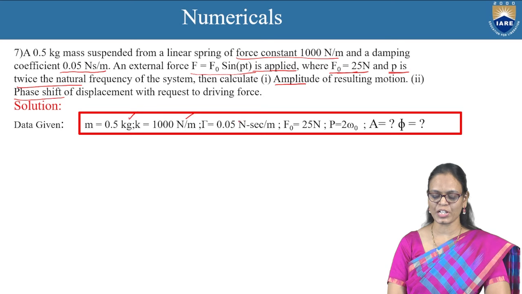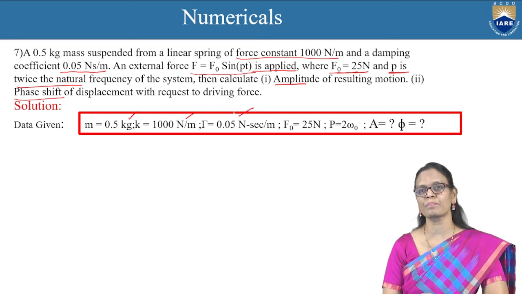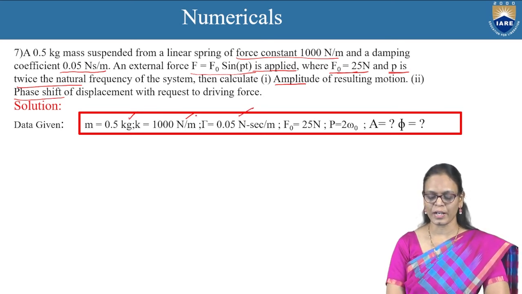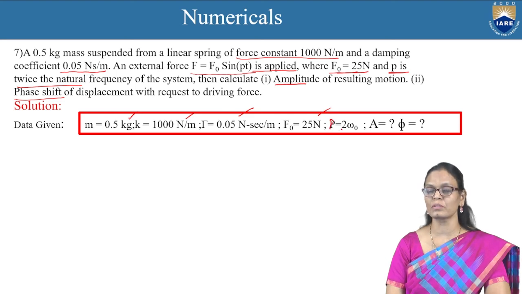The damping coefficient is given 0.05 Newton second per meter. And F naught is given 25 Newton. And it is mentioned that the external periodic frequency P is equal to twice the natural frequency. So if I'm considering omega naught as the natural frequency, P is equal to 2 omega naught. We have to find the amplitude A and the phase phi.